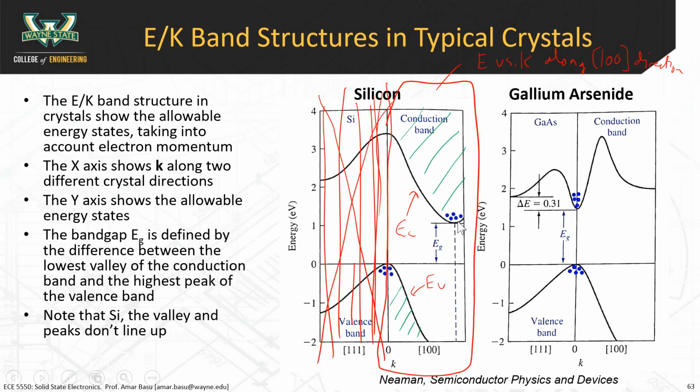If an electron wants to transition from the conduction band to the valence band, in this type of band diagram, it has to lose energy, go down in energy, and it has to change momentum. It has to go down and then across like this to get into this state. So it's a two-step process.